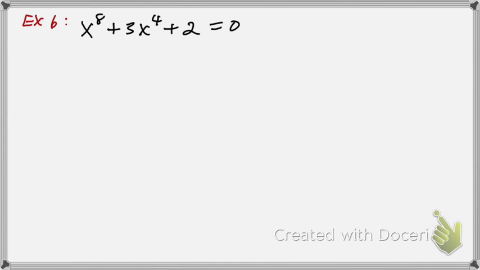So here's what I have to do. I have to visualize this as, look at our middle term here. This is 3 times x to the 4th. But look at our first term. Isn't it just x to the 4th squared?